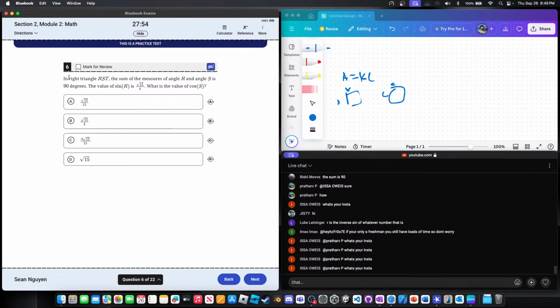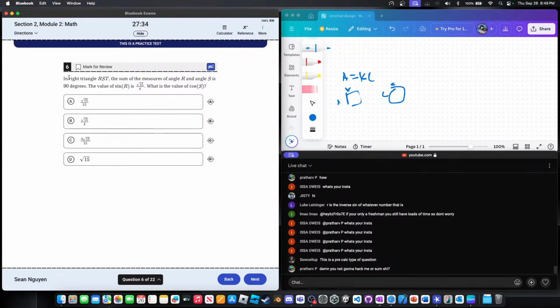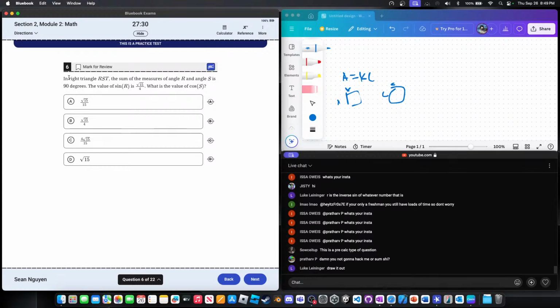Root 15, what would root 15 be? What is the value of cosine? Opposite of R. So this one's probably root 15 here. And then this one is cosine.